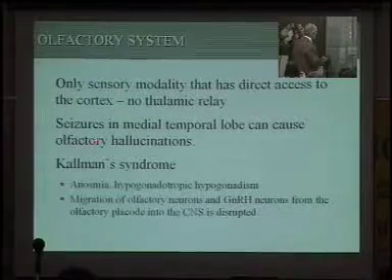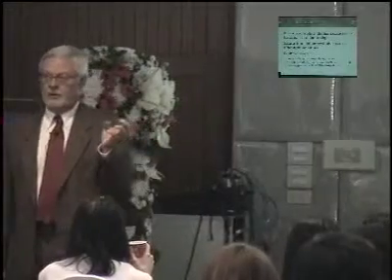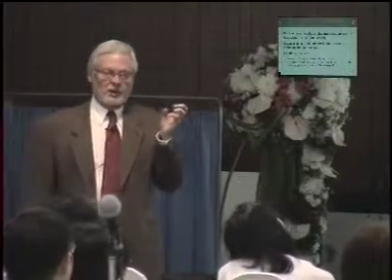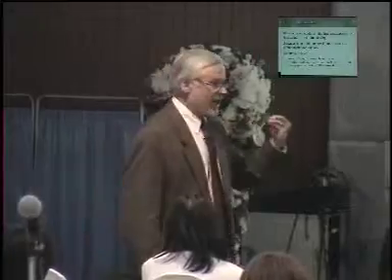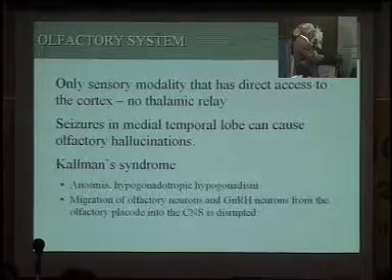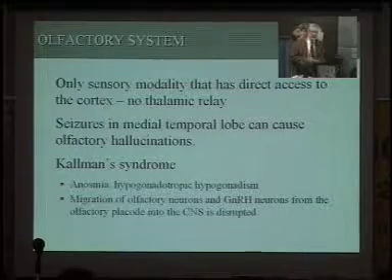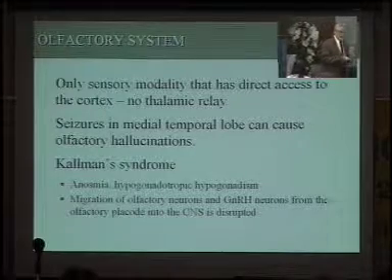And there's a genetic deficit that results in the malformation of proteins that are necessary, scaffolding proteins we call it, for that neuronal migration. In that deficit, these individuals cannot smell, and they have what we call hypogonadotropic hypogonadism.